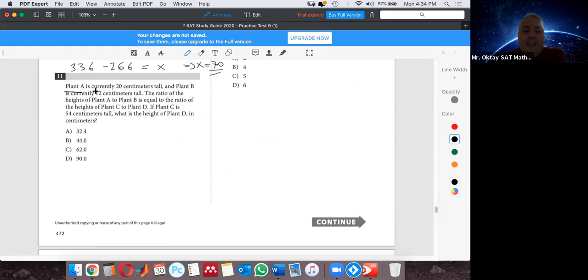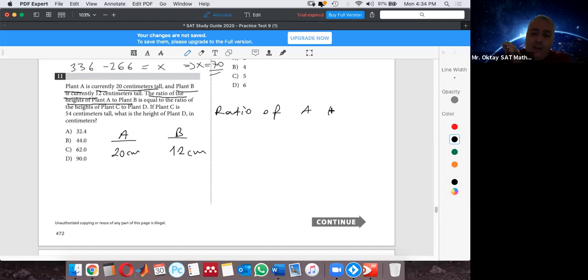Now 11. Plant A is currently 20 centimeters tall. So A, let me put 20 centimeters. Plant B is currently 12 centimeters. The ratio of the heights of plant A to plant B, be careful now. When it says ratio of A to B, how can I write A over B?